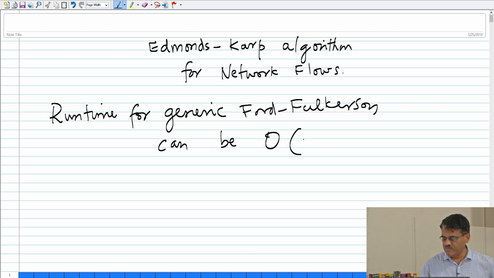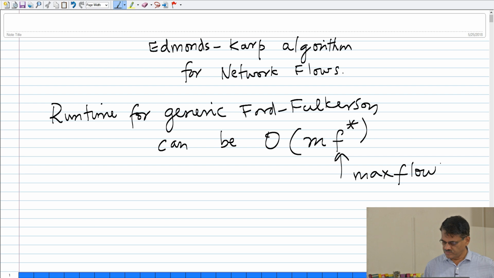essentially order m times f star, where f star is the max flow. Order m is to set up the residual network and to find the path, and it's possible that every time you may be just incrementing the flow by 1 unit, and so this is sort of an ugly term in the running time, where the running time depends on the solution.